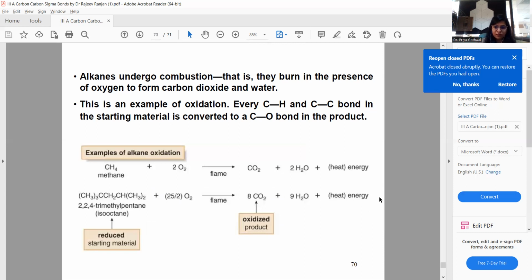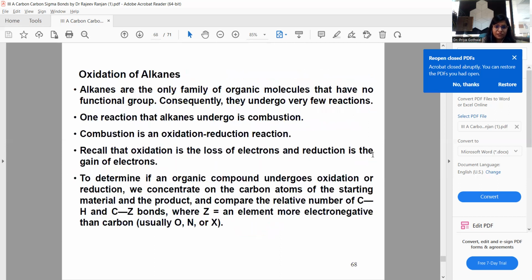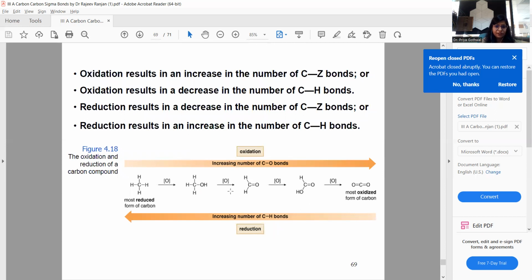We can discuss this further from the earlier slide. Here we can see this phenomenon is always produced in oxidation and reduction processes. Oxidation results in an increase in the number of C-Z bonds, where Z is oxygen, nitrogen, fluorine, chlorine, bromine or iodine.